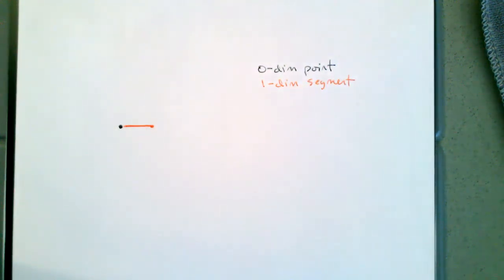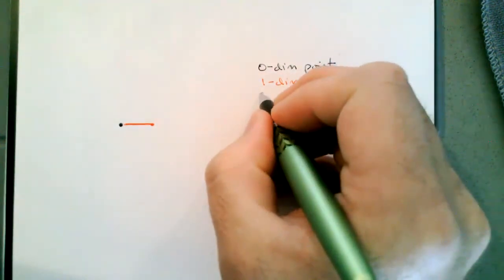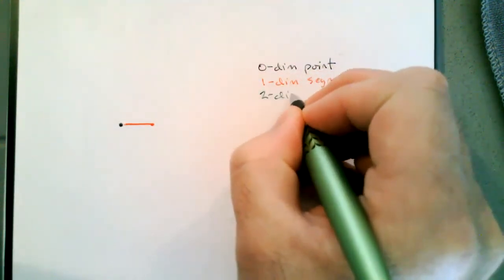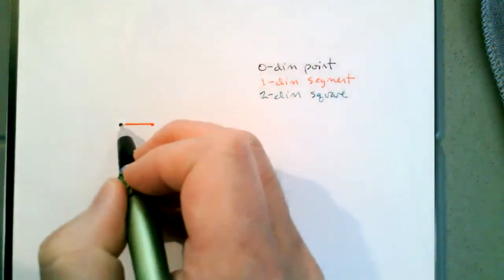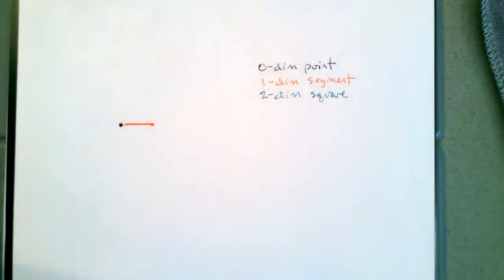I can take my 1-dimensional segment and project it into a 2-dimensional square, just by taking this segment and projecting it through one of the dimensions that I'm not already using.